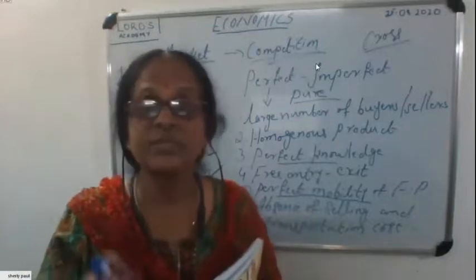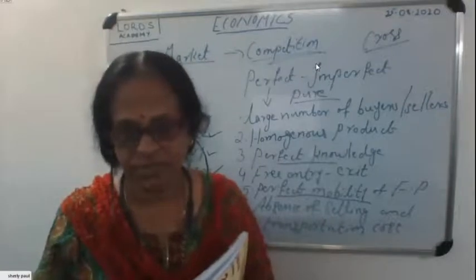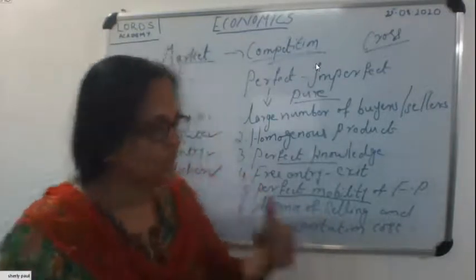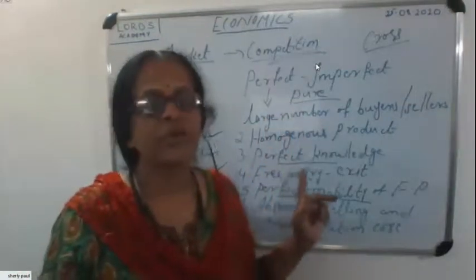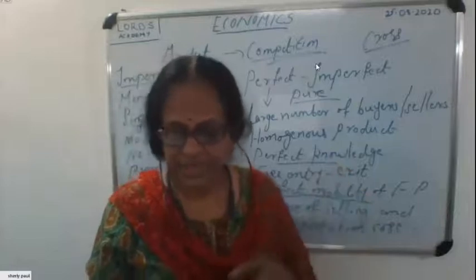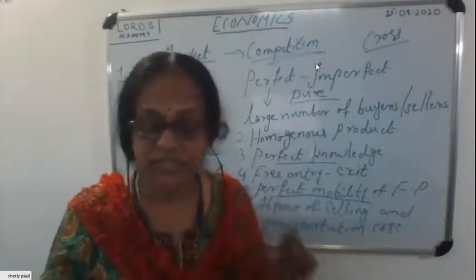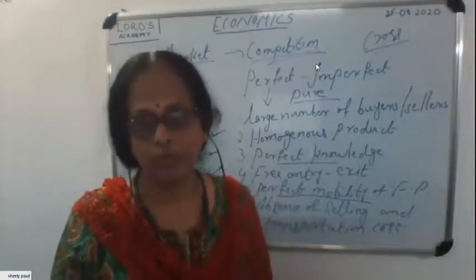But if you are using electricity for business purposes, it is higher than the domestic rate. Clear? In monopoly we can see price discrimination, but it is not possible in perfect competition.